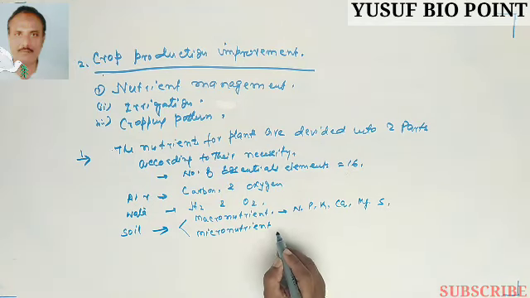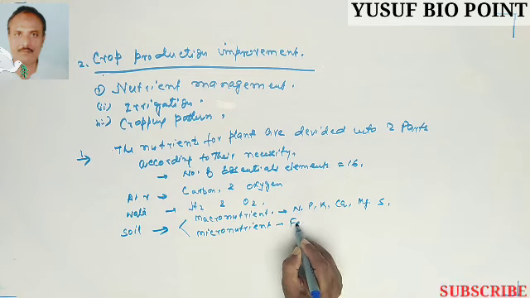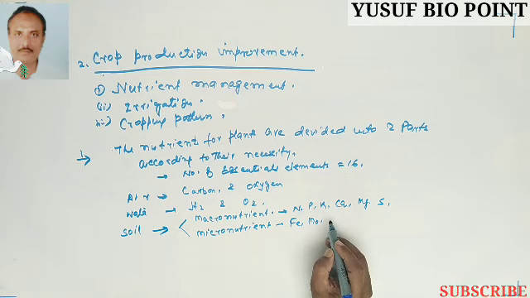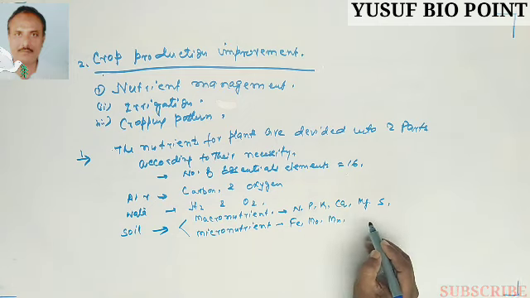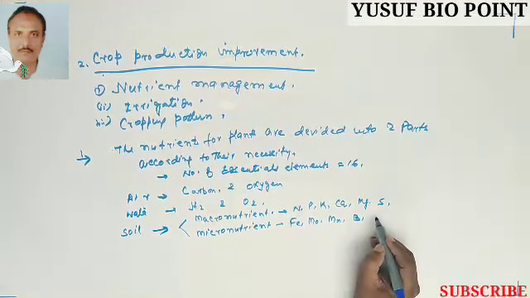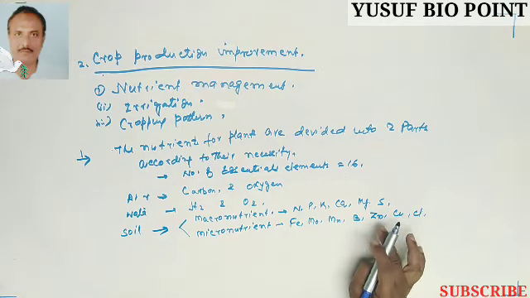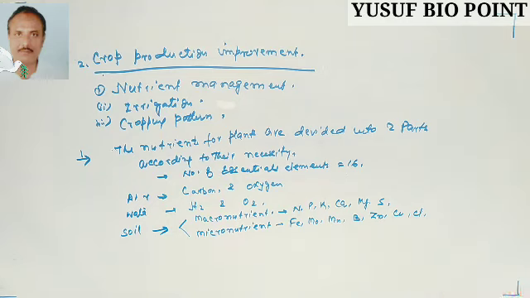And micronutrients are Fe (iron), Mo (molybdenum), manganese, boron, zinc, copper and Cl (chlorine): 1, 2, 3, 4, 5, 6, 7. So macronutrients are 6 and micronutrients are 7. They are essential for the plants and for the plants' development.